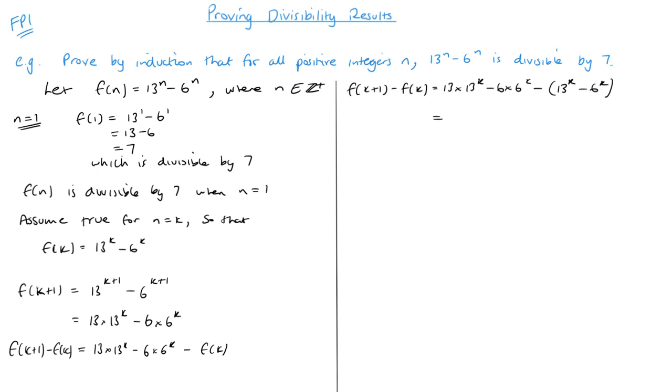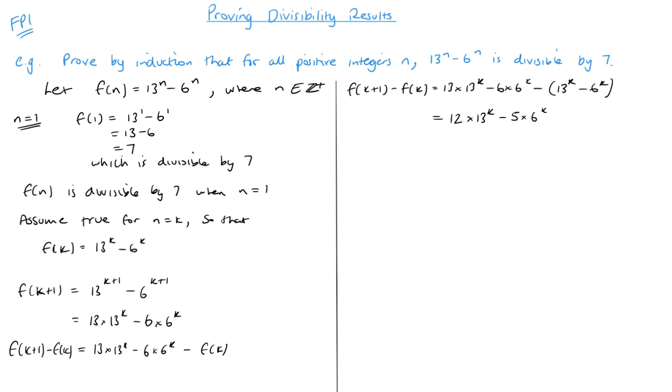So I've got 13 of these, taking away 1 is going to give me 12. So 12 times 13 to the power k. Now I've got 6 of these, minus 6 of these, and I'm adding 1. So that's going to give me minus 5 times 6 to the k. Now I've got 5 of these and I'm going to take 5 out of these.